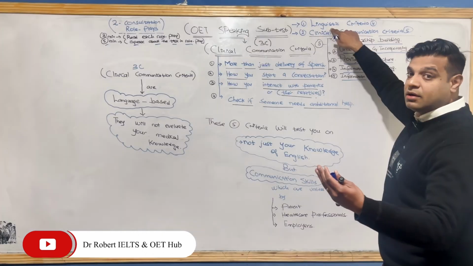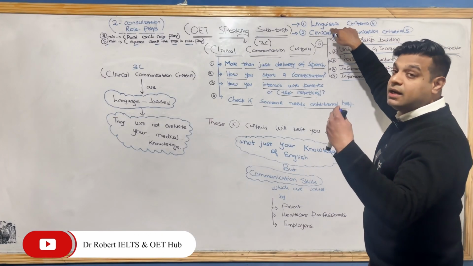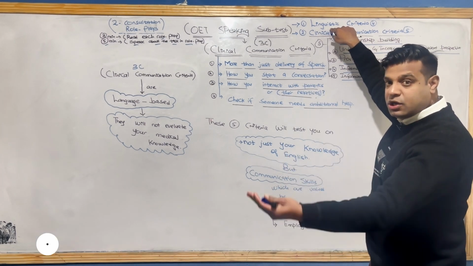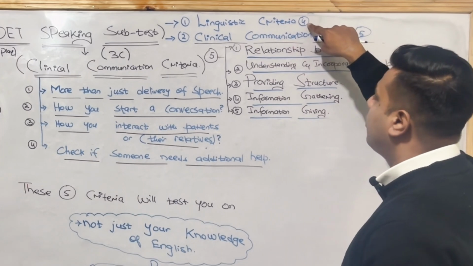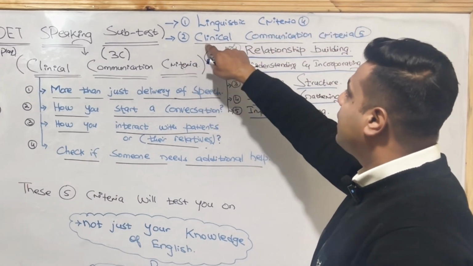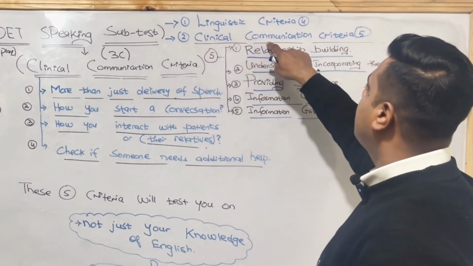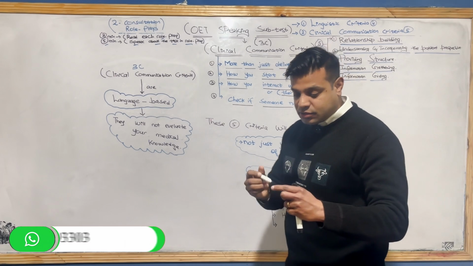Here, the examiner assesses your speaking in terms of the language you speak with the patient. This criteria contains four steps. On the other hand, the second is called the clinical communication criteria, and that is our today's topic.